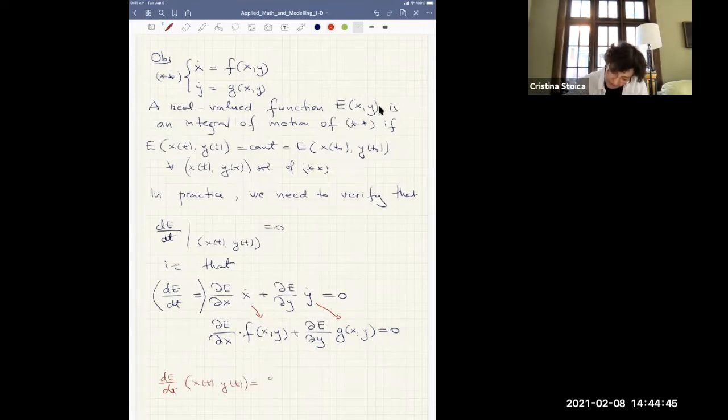So this is dE/dx, dx/dt, plus dE/dy, dy/dt. And now these are nothing else but dE/dx, x dot plus dE/dy, y dot as notations. Then substitute x dot and y dot with what they are in the system. And if you get that that's zero, that means the derivative of this function along the flow is zero, and thus the function is constant.